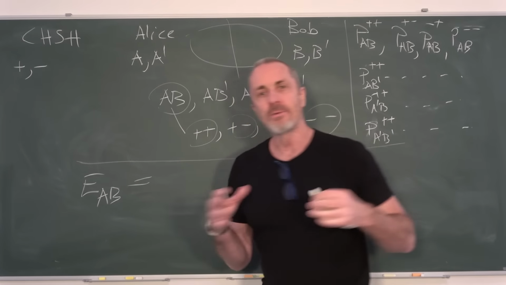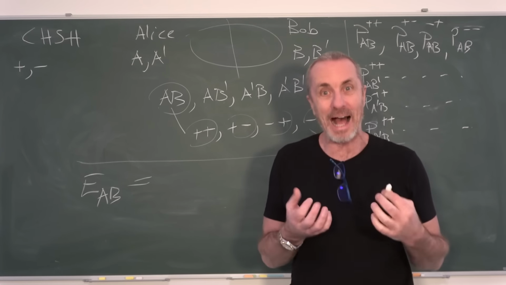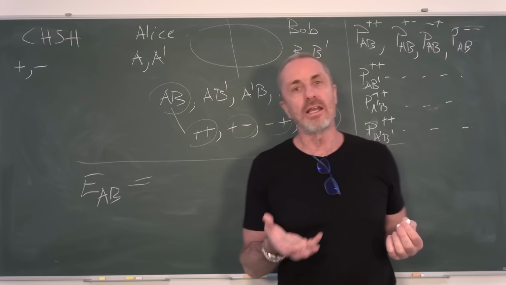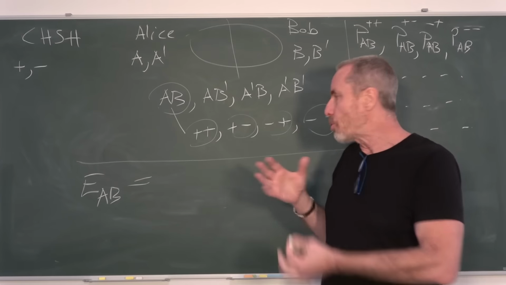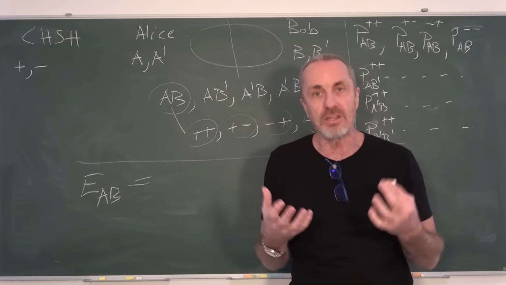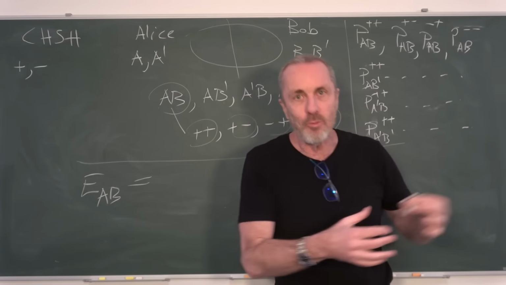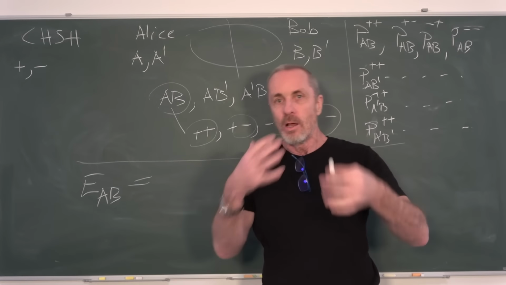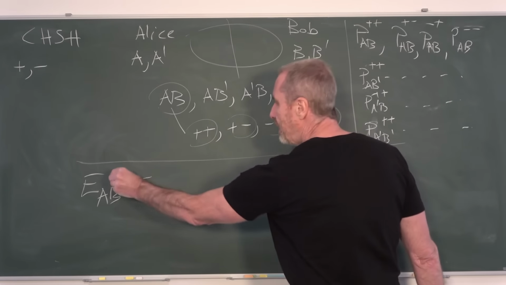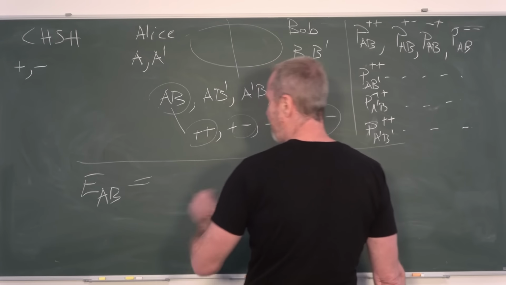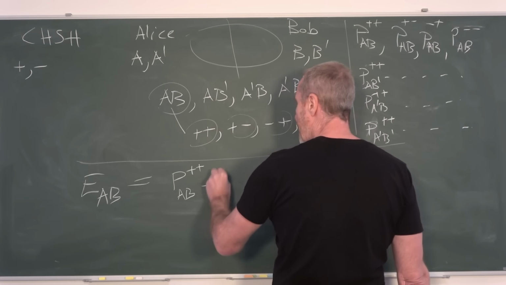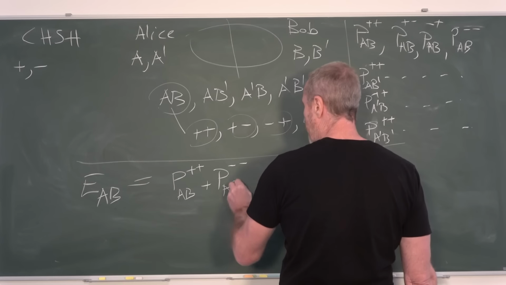So, what is this correlation function meant to calculate? Well, we want somehow to quantify how much correlation there is in the system as opposed to anti-correlation, which means we want to quantify in a positive way correlation and in a negative way anti-correlation and see what is the trade-off between these two possibilities. So E_AB is simply the following. We consider the probability for the plus-plus outcome plus the probability for the minus-minus outcome.